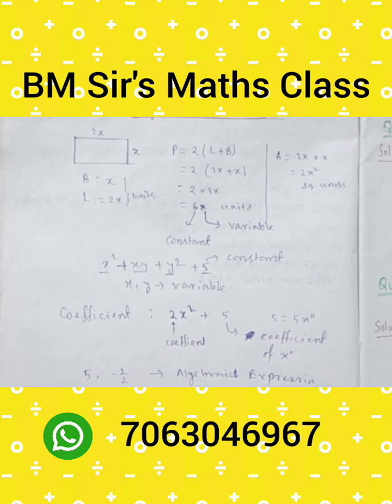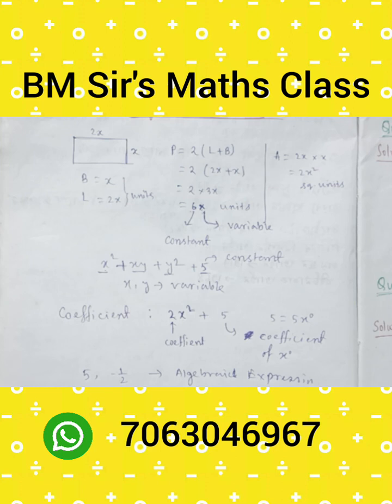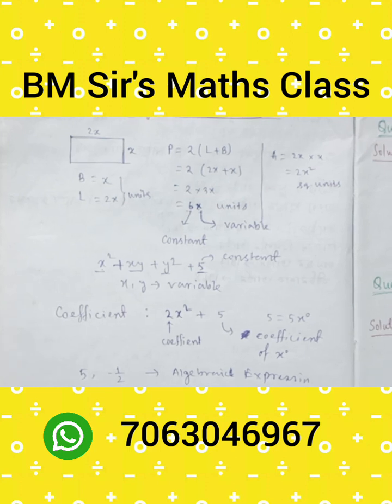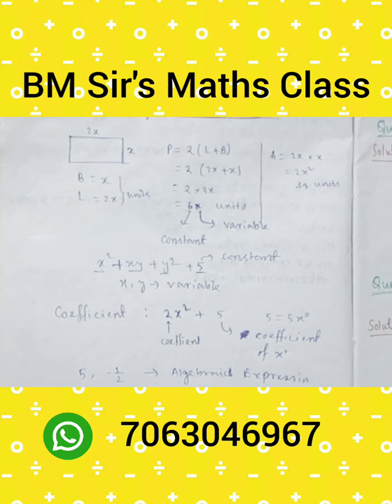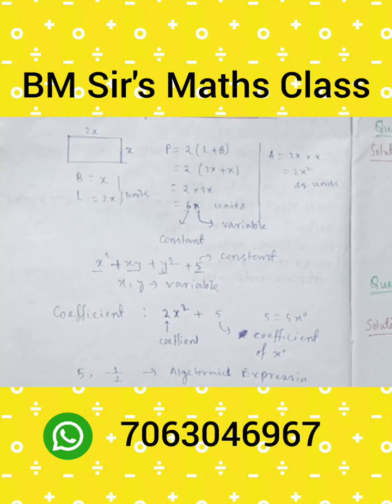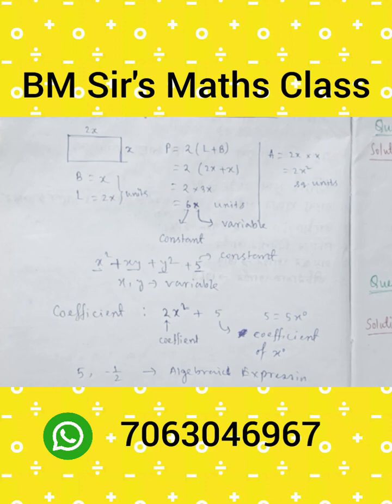Now you can ask me what do you mean by algebraic expression? An expression formed by a combination of variables and constants using mathematical operations like addition, subtraction, multiplication and division is known as an algebraic expression.